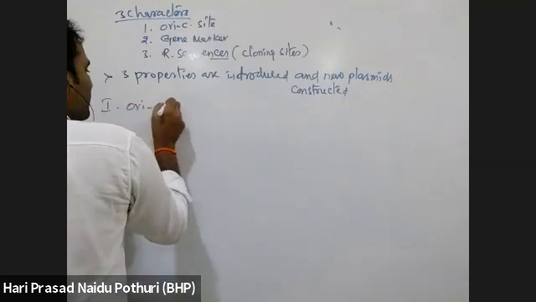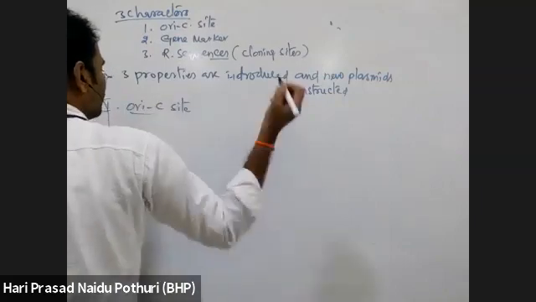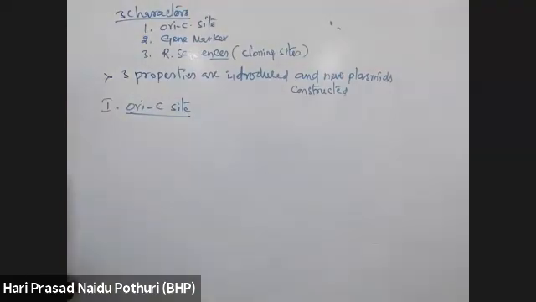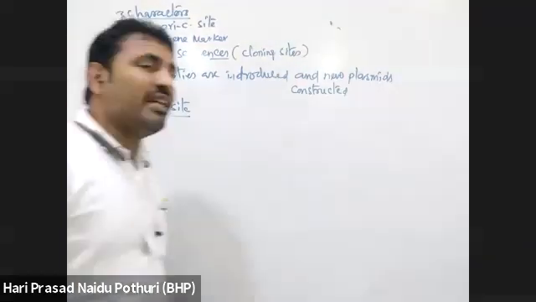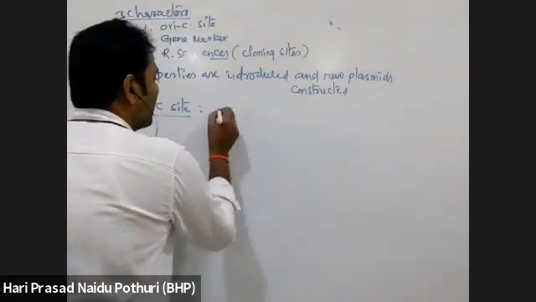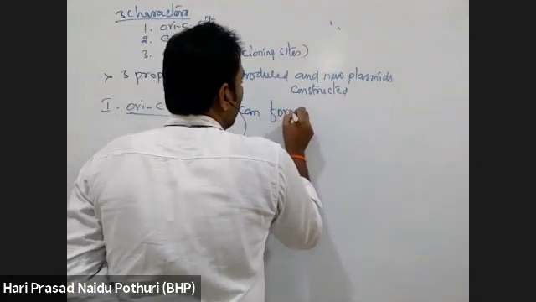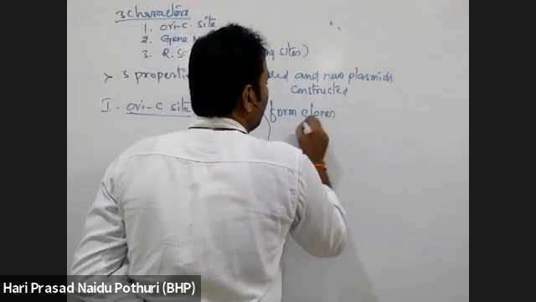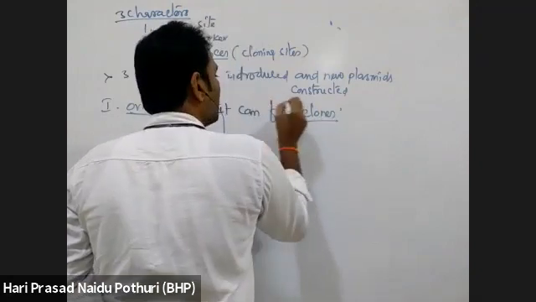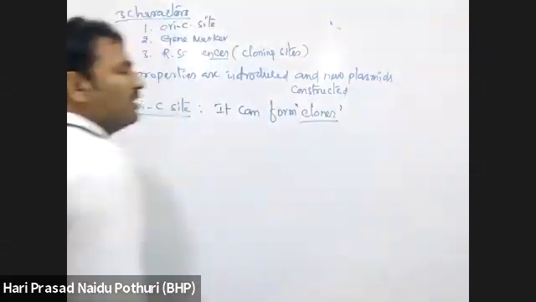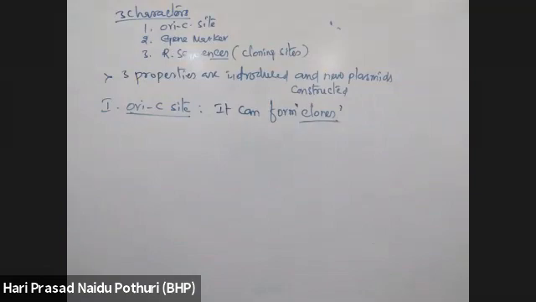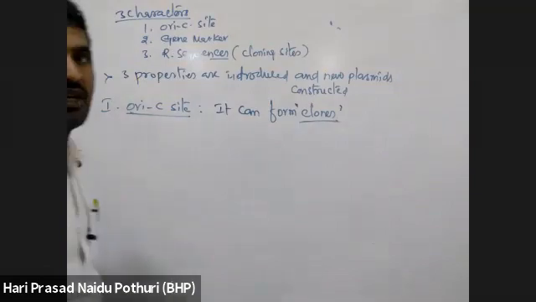ORI site. What is the importance of ORI site? Origin of replication is responsible for independent replication, so that it can form clones of rDNA, and it controls autonomous or semi-autonomous replication of the plasmid in the host cell.